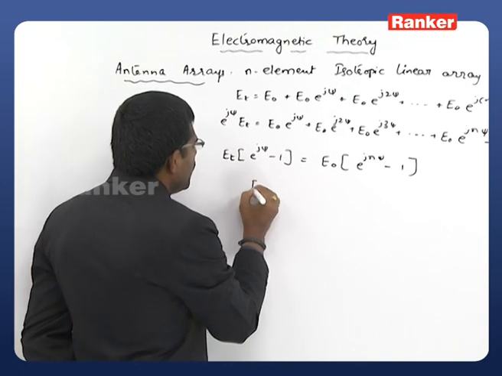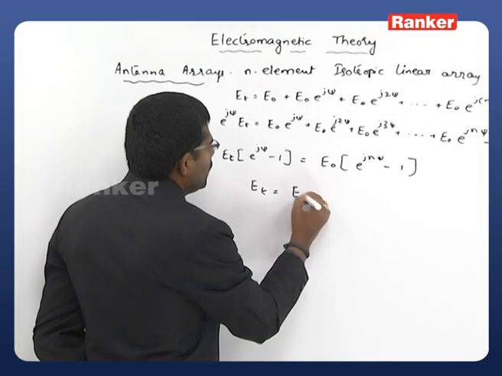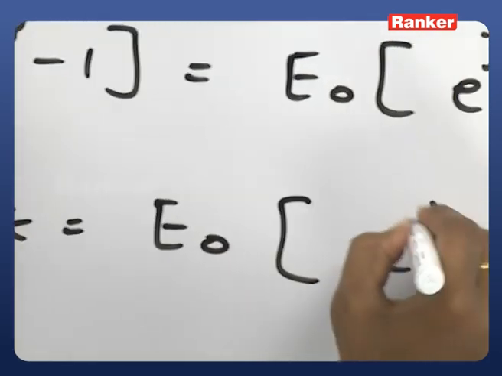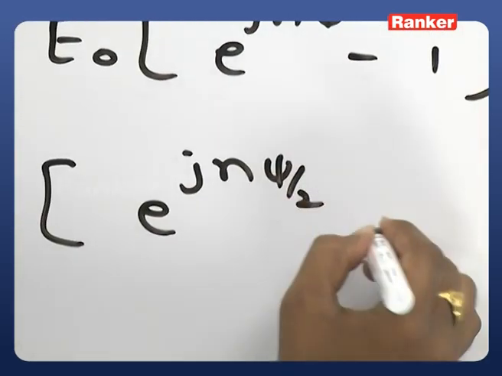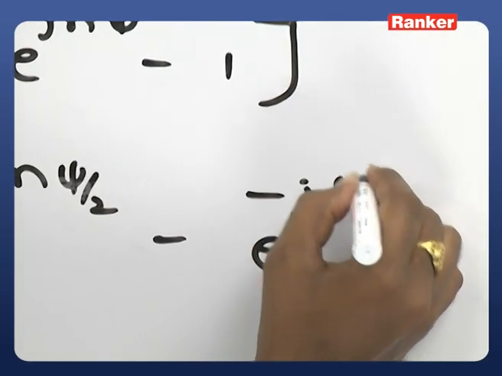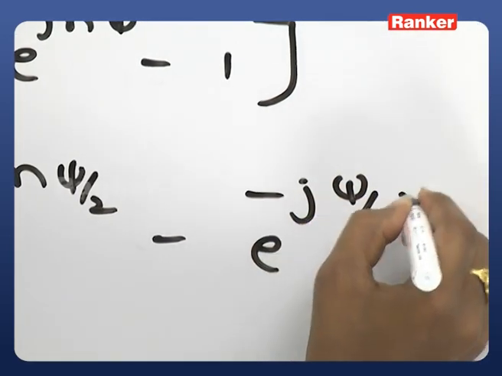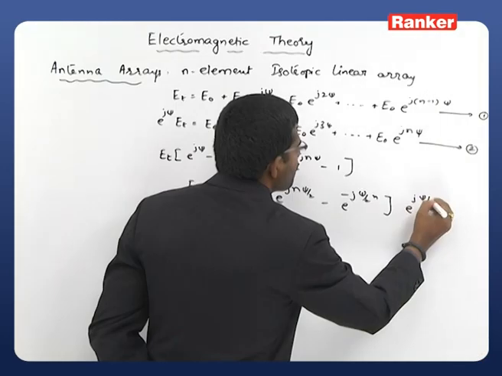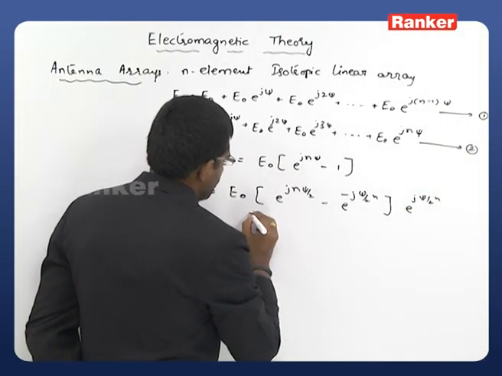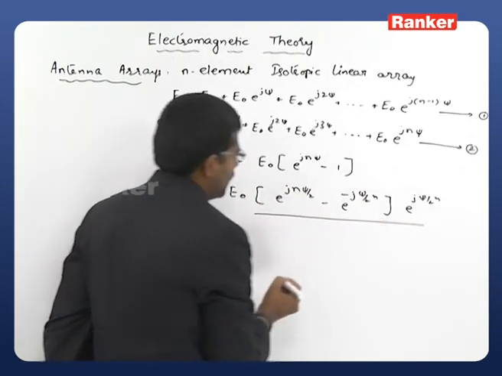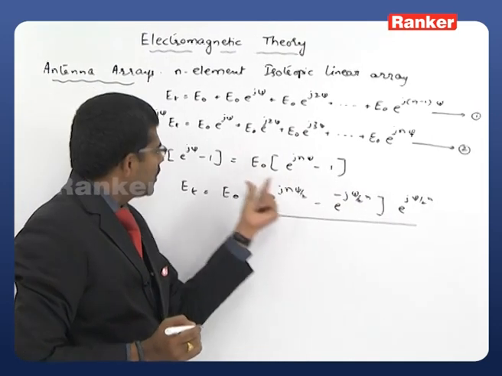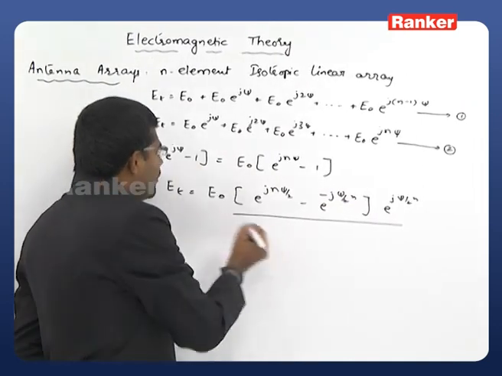For that, E T is equal to E naught, and I am doing a simple mathematical manipulation here. Observe, (e power j n psi by 2 minus e power minus j n psi by 2) multiplied with e power j n psi by 2, divided by, in the denominator, e power j psi minus 1.